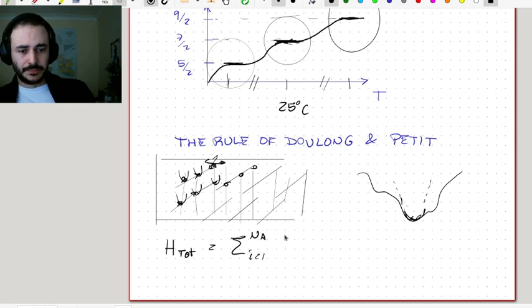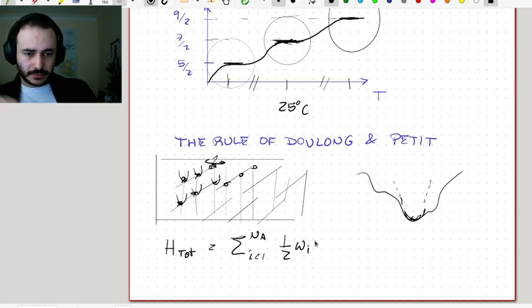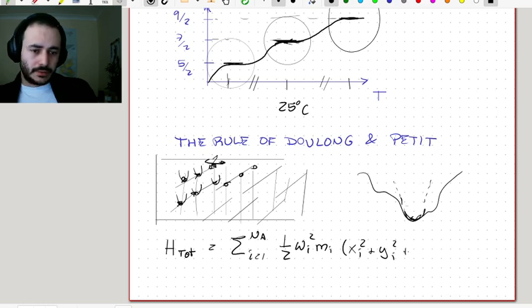So we say that the Hamiltonian is 1/2 of some frequencies squared and some masses, perhaps. Yes, I have masses in the lecture notes. Sometimes the masses are set to 1 just for simplicity. I just want to use the same notation, x, y, and z. It moves in 3 dimensions, but is confined in this harmonic well.